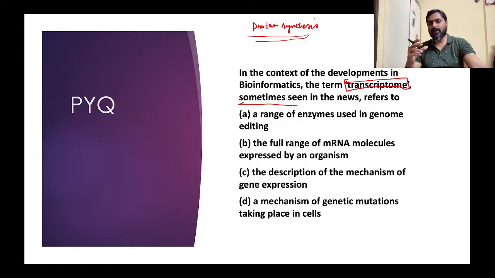Inside the cell there are ribosomes. Those ribosomes are called protein factories. So ribosomes make protein, but they get information from the nucleus about which type of protein has to be made.